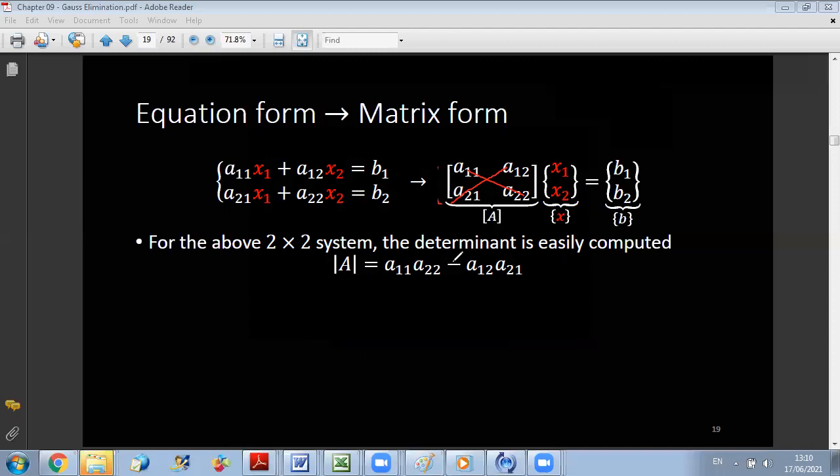It's very simple. But if we have more elements, the computation of the determinant will become more and more complex. Okay? So now Cramer stated that if I want to solve this system of two equations, two unknowns, I can come up with a very simple method.